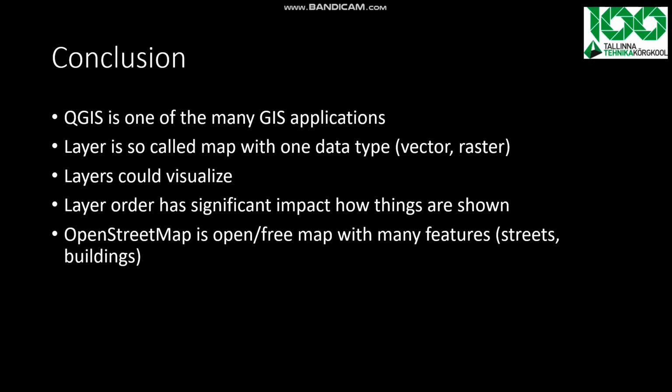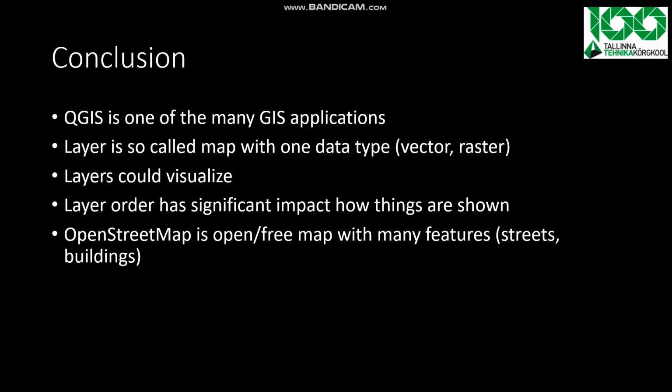Layers can be visualized, so you can change how they look. The layer order has a significant impact on how things are shown. So when your hierarchy is changed, the way those layers are shown on the map is also changed a little bit. And we have OpenStreetMap, which is very good as it covers all the world, and it's free to use. And now you know how to add it.